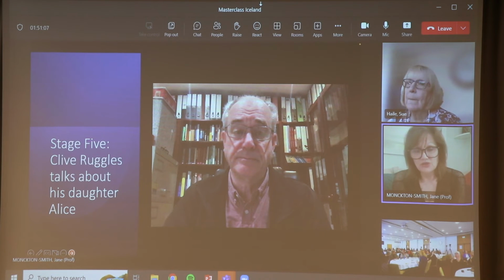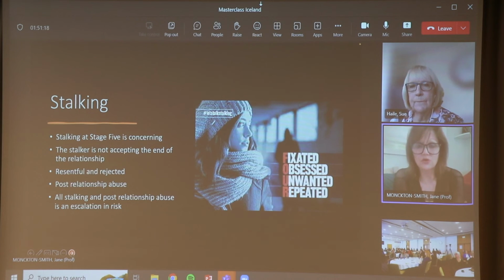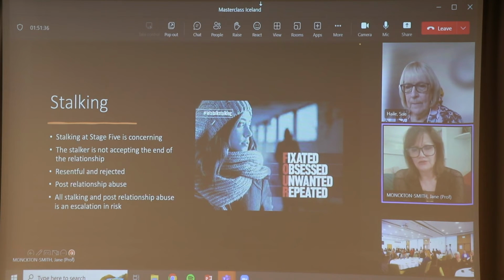But what I'm going to talk about now is stalking, because this is really, really important in terms of risk escalation as well. Stalking is a criminalised pattern in some countries, not in others. I really don't know about Iceland if you have criminalised stalking, but it's a pattern of behaviour, and you can see the mnemonic there on the photograph.